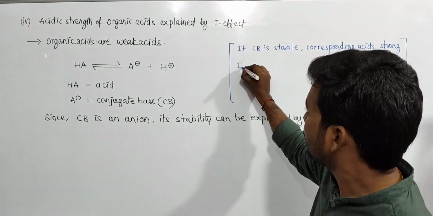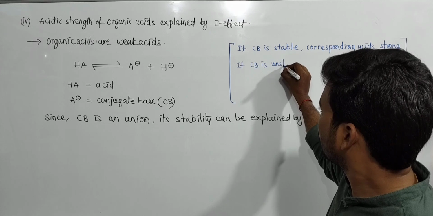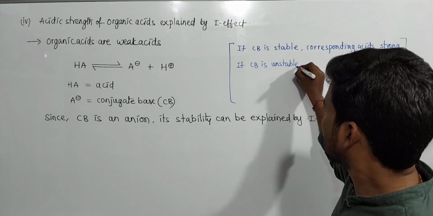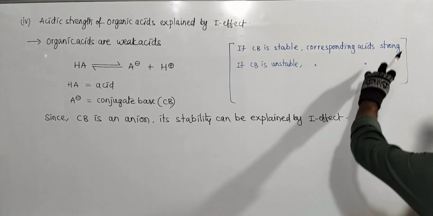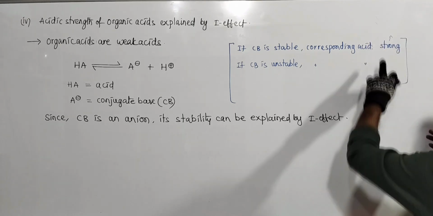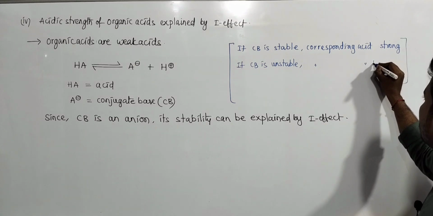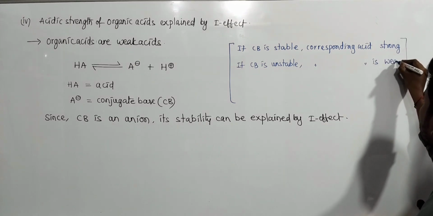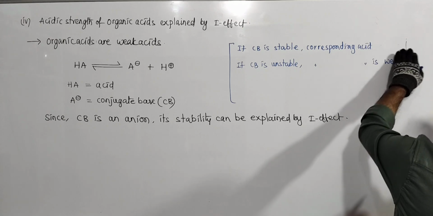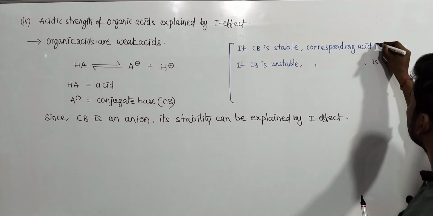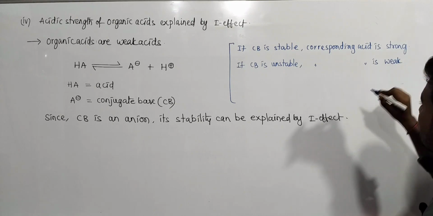If the conjugate base is unstable, the corresponding acid is weak. If the conjugate base is stable, the corresponding acid is strong.